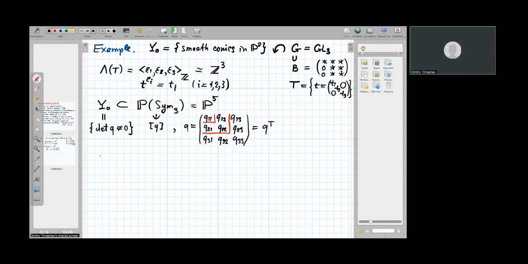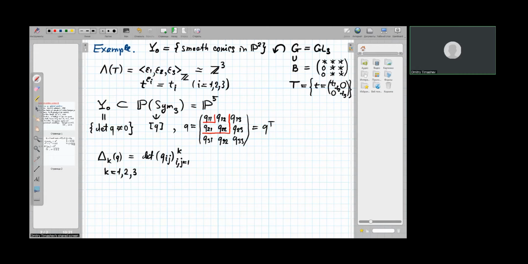So delta K of Q is the determinant of the submatrix Qij, where i, j range from 1 to K. So K is 1, 2, or 3.